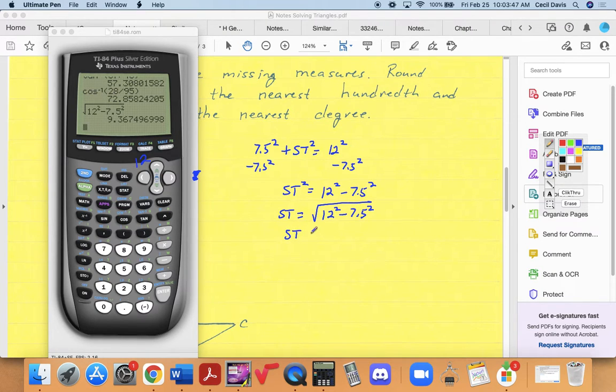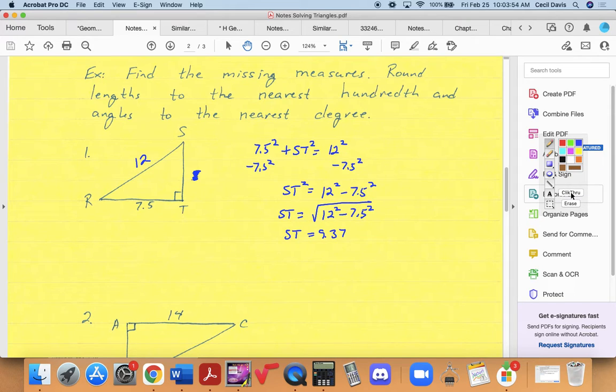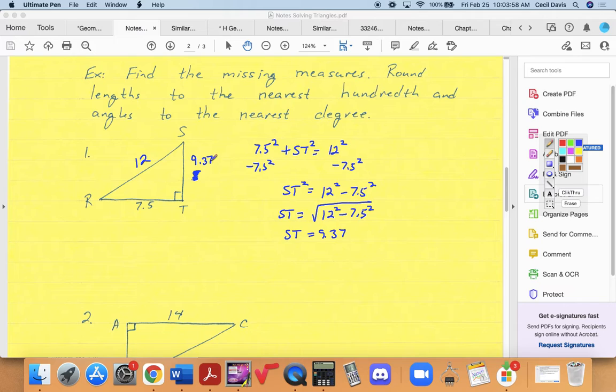So ST to the nearest hundredth is 9.37. All right, everybody good with that? That's just Pythagorean theorem. So now let's go about finding the angles.